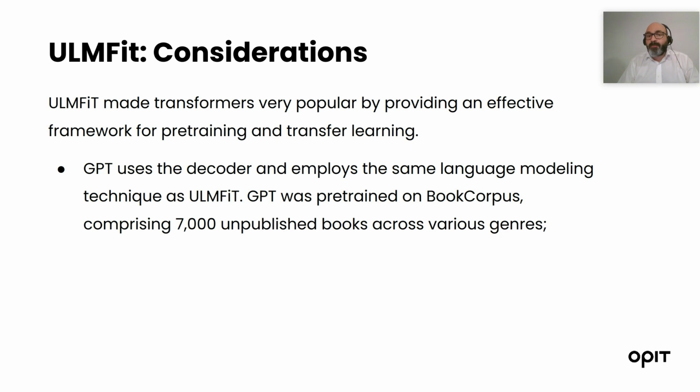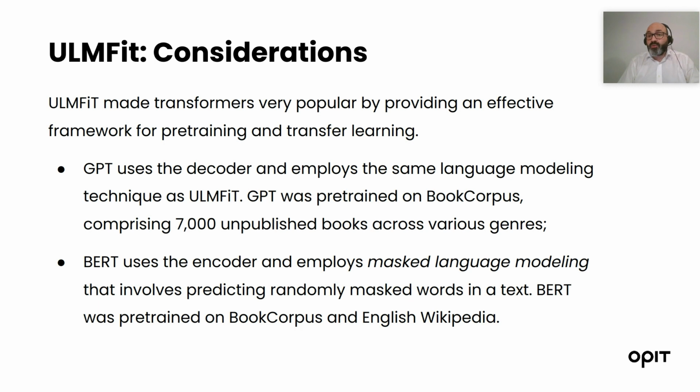GPT was in fact pre-trained on the BookCorpus, which is a dataset containing 7,000 unpublished books across different topics. BERT, which used the encoder architecture, as we have seen, employs what is called masked language modeling, which involves predicting randomly masked words in a text. BERT was also pre-trained on the BookCorpus, but in addition, it was pre-trained on Wikipedia.